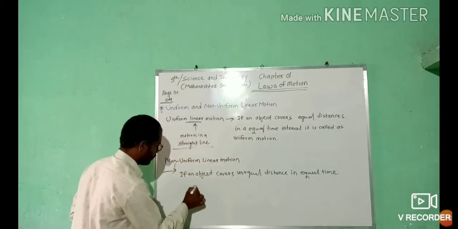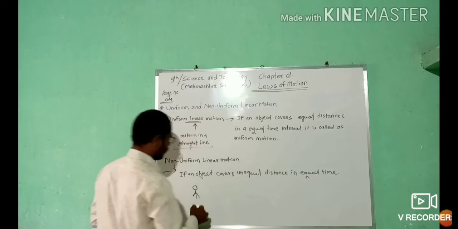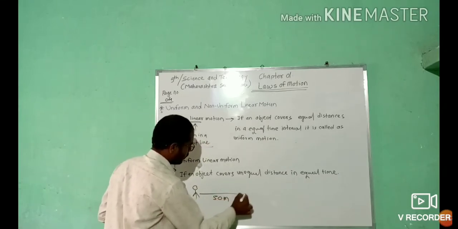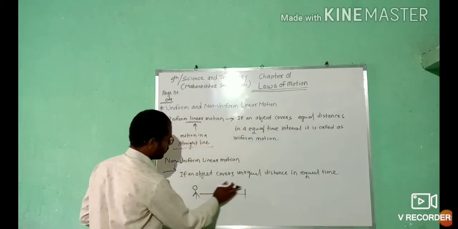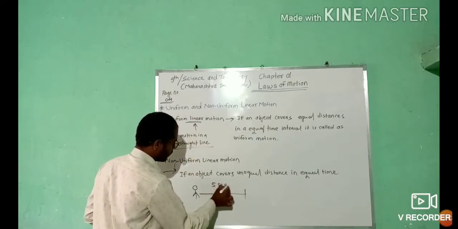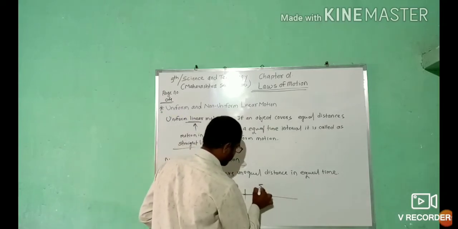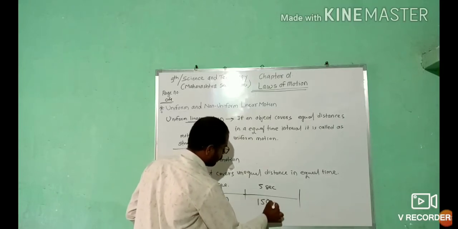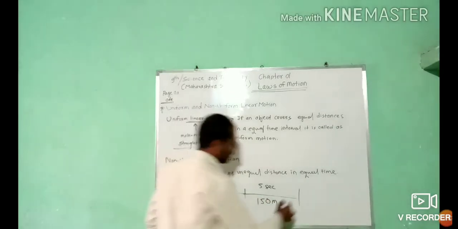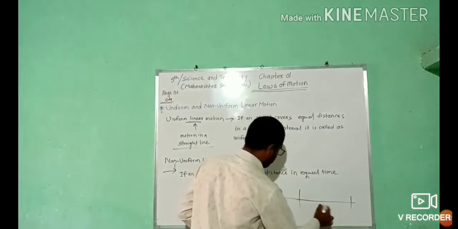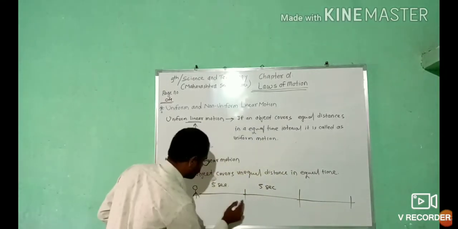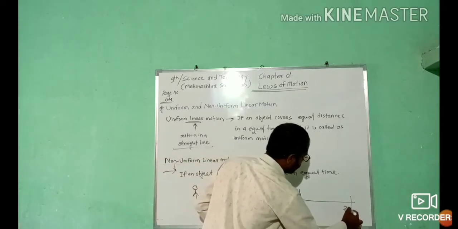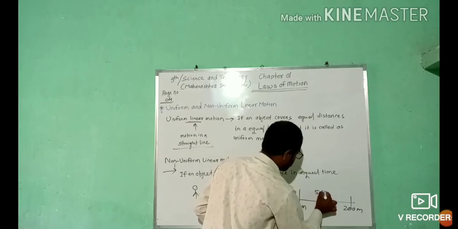suppose a similar person is there, he is traveling from one point to another point. So first he reached 50 meters in the first 5 seconds. Okay, in another 5 seconds he has covered 150 meters. Okay, then in another 5 seconds he has covered 200 meters distance.